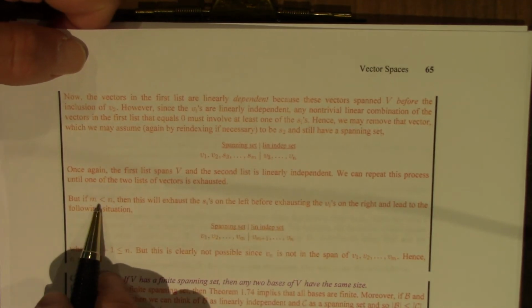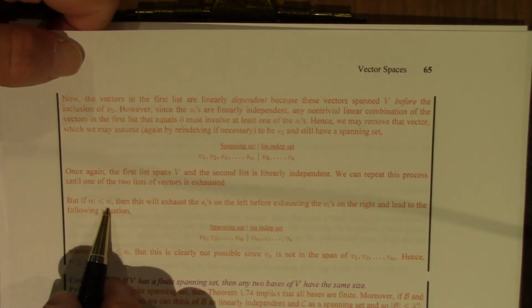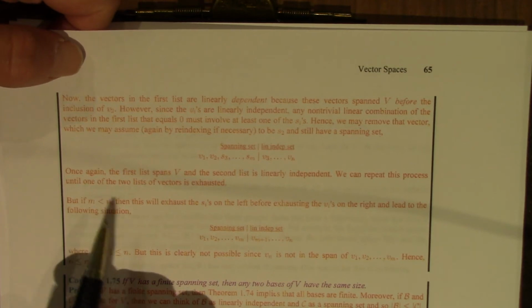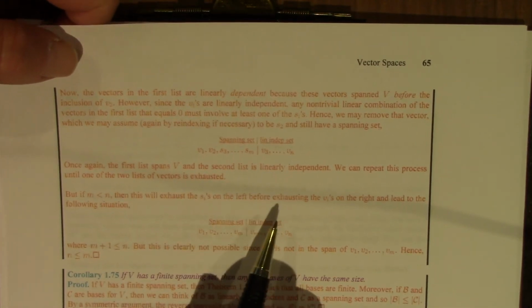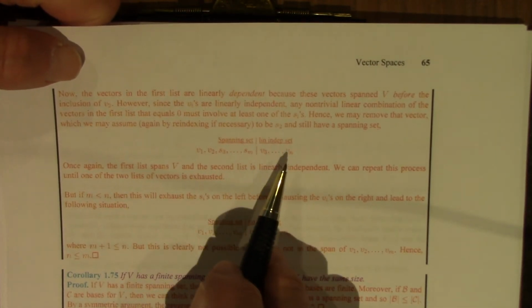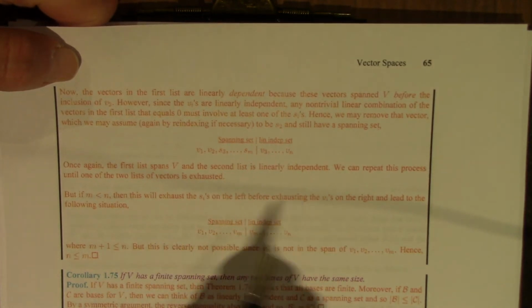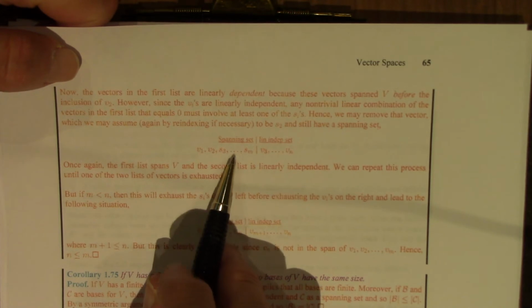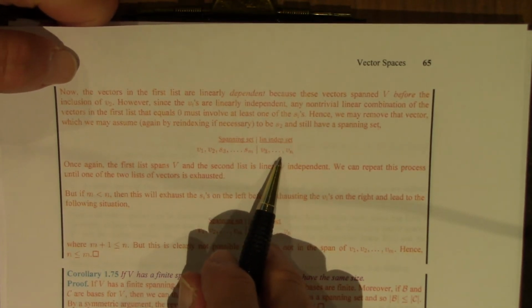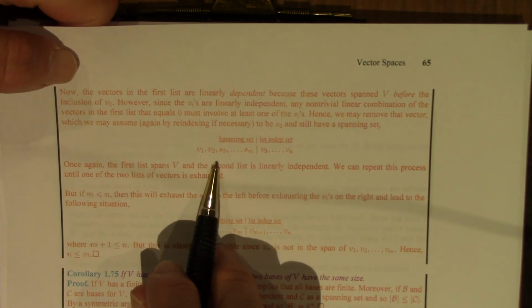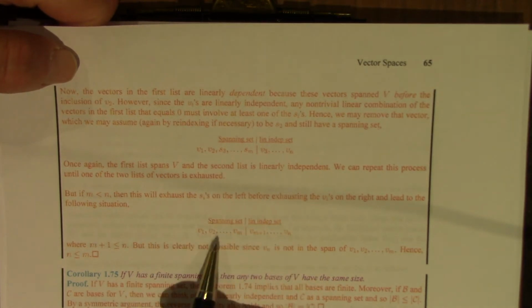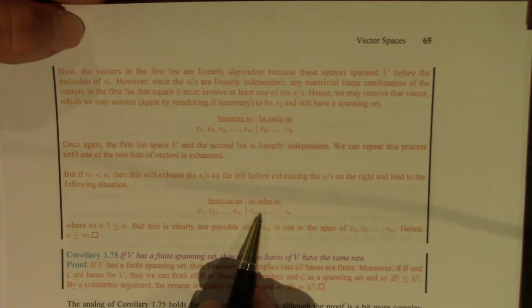But if it's not, if m is less than n, notice what happens. We will exhaust all of the S's, they'll all be gone, before we have moved all the V's to the first list. So we'll end up with something that looks like this.